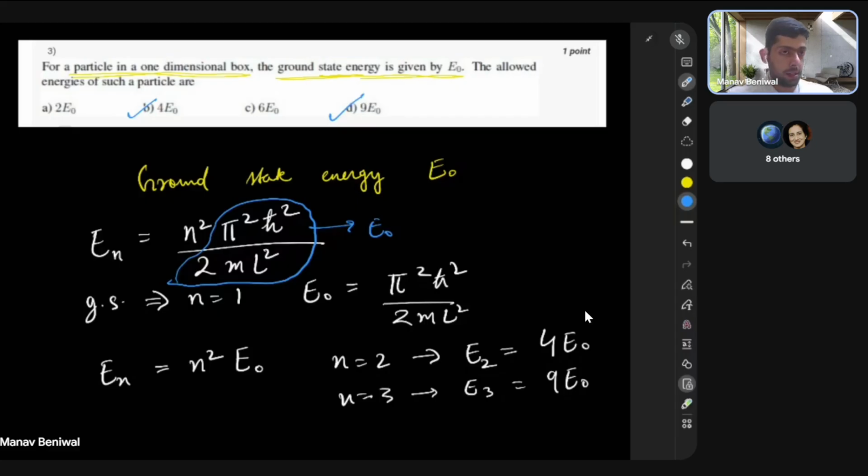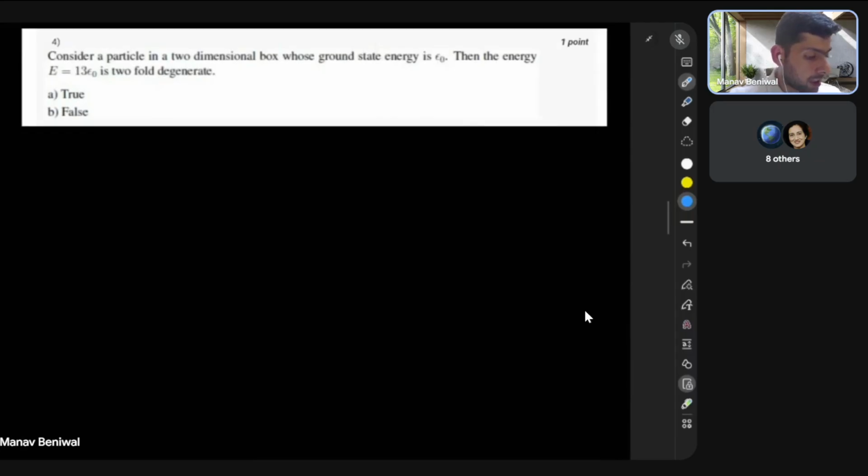Okay. So this was a 1D box. Now next problem is a 2D box. So consider a particle in a 2-dimensional box. Again, the ground state energy is E naught. So the question is, the energy E equal to 13 E naught is 2-fold degenerate. True or false? Okay.